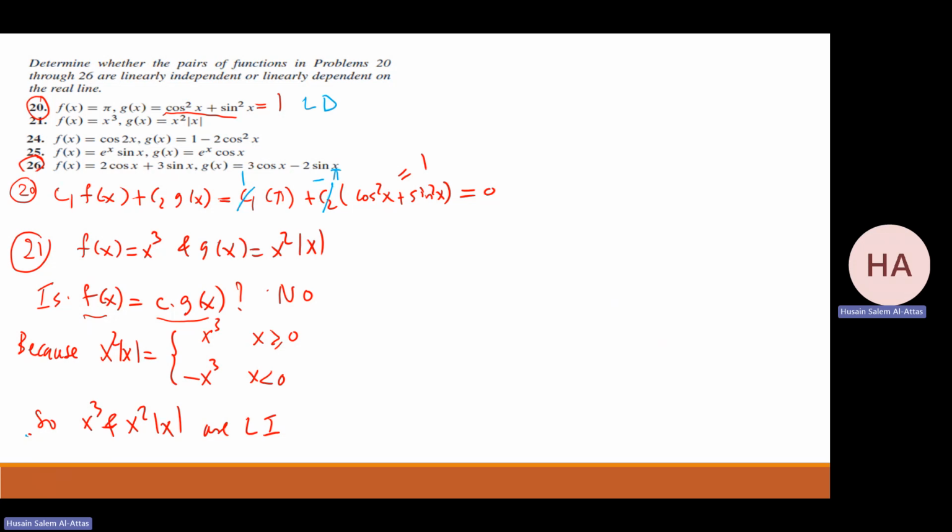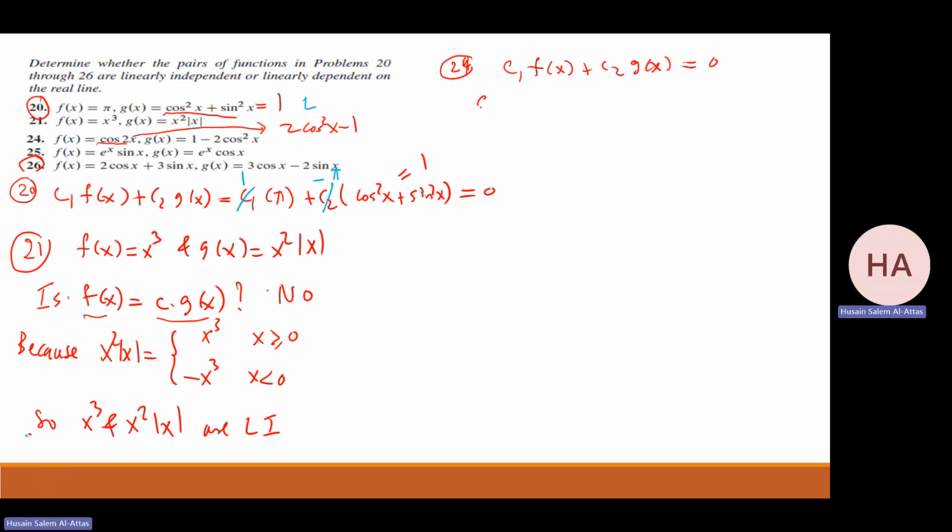Okay, 24. As we did before, I'll try to choose some problems. I know cosine 2x is 2 cosine squared x minus 1. So very clear, I can write C1 f of x plus C2 g of x equal to 0.